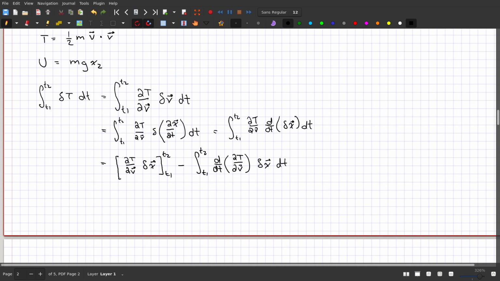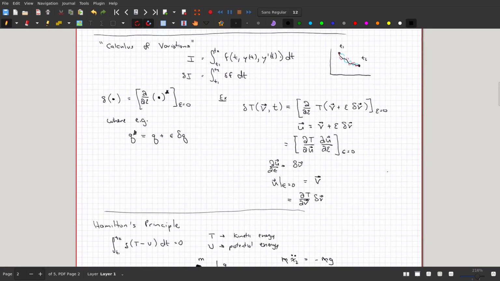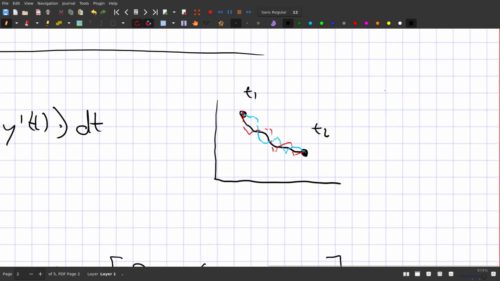Now, this first term, I plug in T1 and T2. X is a function of T, and x and v are all functions of T, so I put in T2 and T1, which gives me delta x at T2 times that minus delta x at T1. Well, there's one thing that I should have been more precise about: these minimizations are always over definite integrals, where we know the boundary values. And so the function at the boundaries is always fixed. There is no variation of the function at the boundaries. So at T1 and T2, the variation is 0.